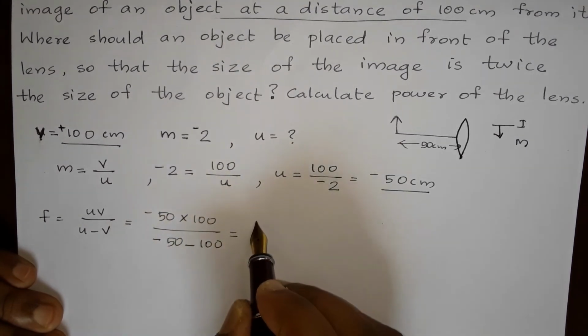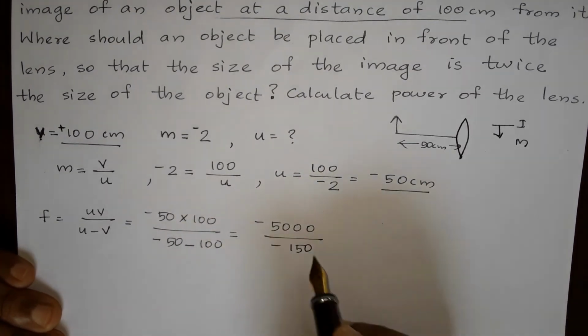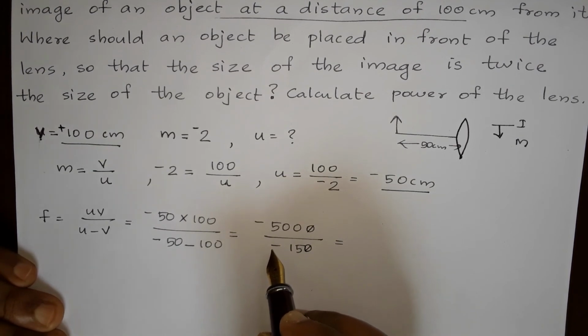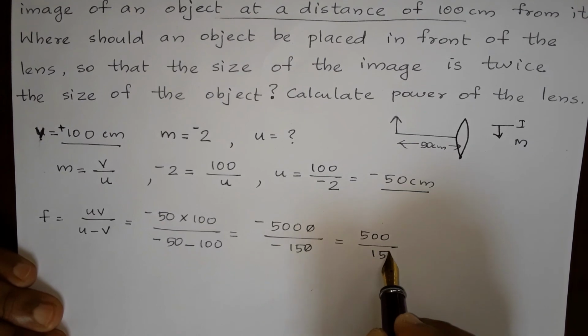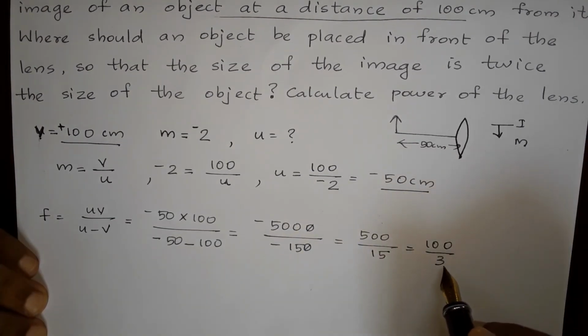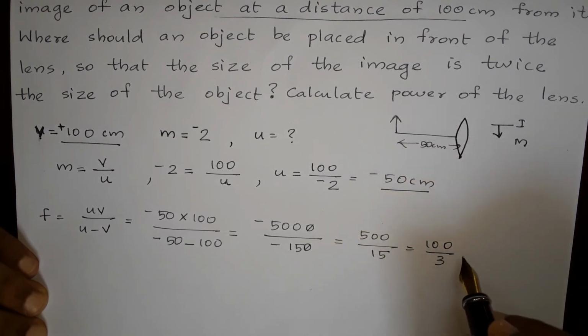So it is minus 5000 divided by minus 150. So we will get negative number by negative number, it is positive. So 500 by 15, that is same as 100 by 3.